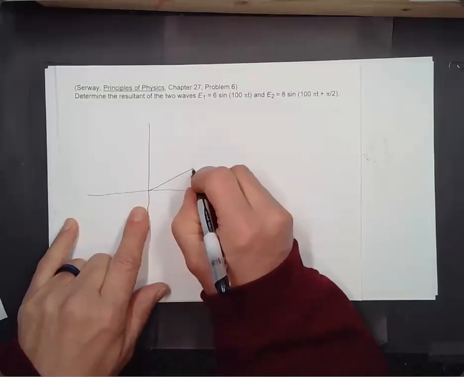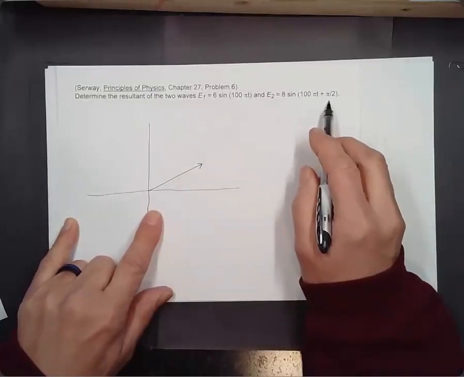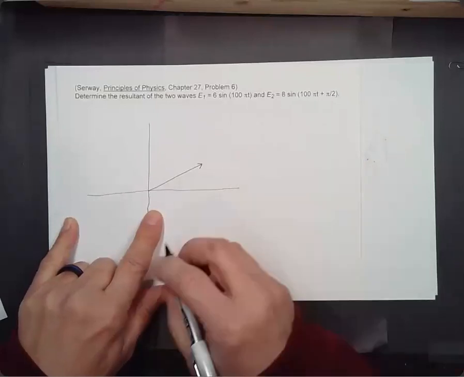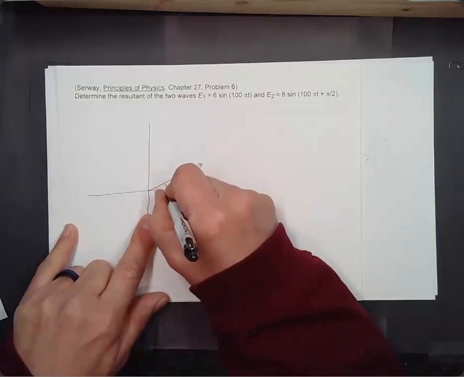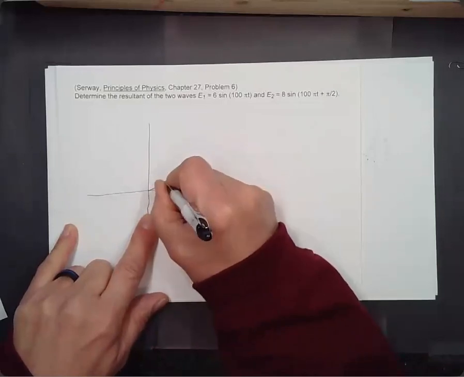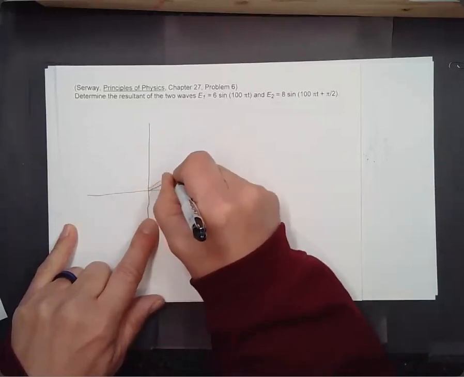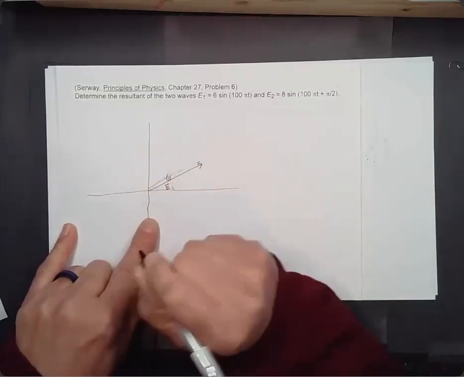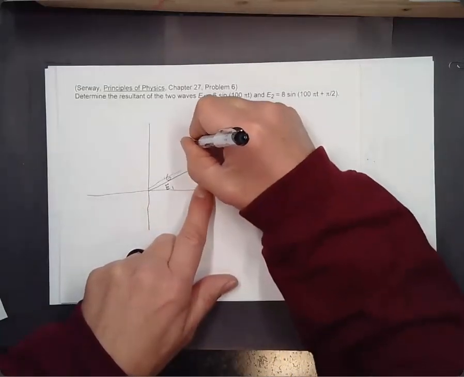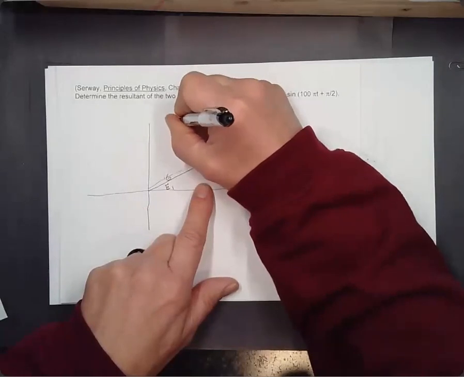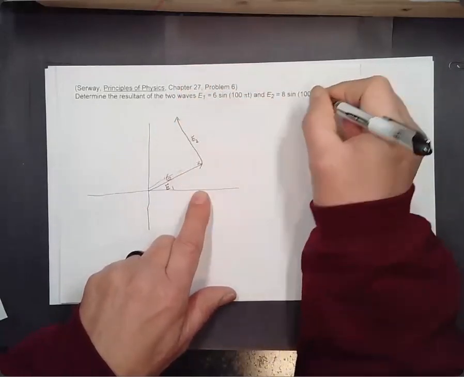And one of these, oh, they're actually at right angles to each other. Well, that may be nice. Here's E1. This could represent E1 here, which has a magnitude of 6 and stretches out there. And then we'll have a vector E2 that's going up here. This is E2, and it's got a magnitude of 8.